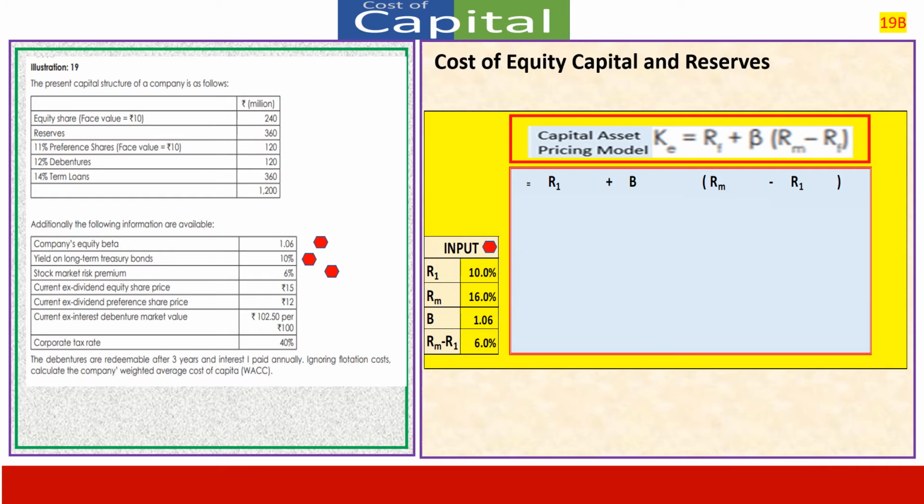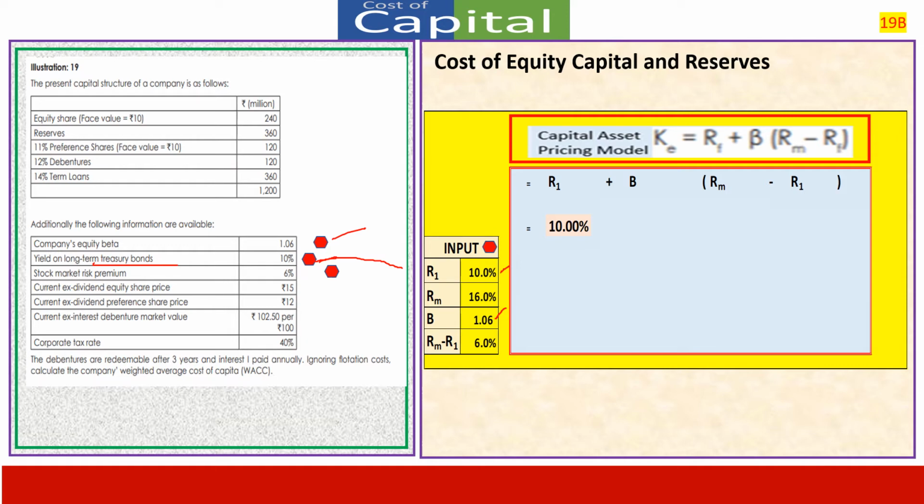As we have seen, capital asset pricing module is what we are going to use, R1 plus beta into Rm minus R1. As we have seen, three items are given. Beta is 1.06 and long-term treasury bonds yield, which is nothing but risk-free return. This is given for the specific reason. Long-term treasury bonds means it is without any risk, 10%.